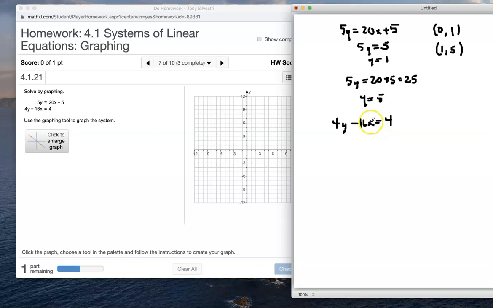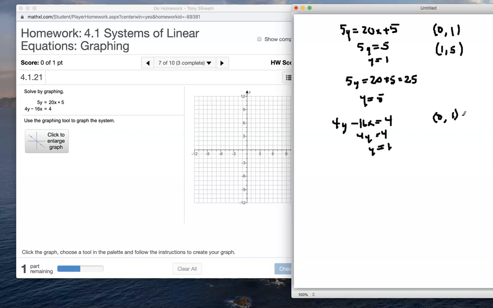I'm going to get a fraction. Let's try something here. I just need 2 points. If x is 0, I get 4y equals 4. And if I divide by 4, I get 1. So 0, 1. Okay.